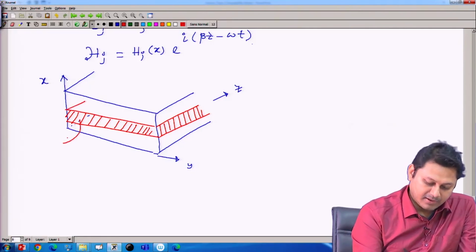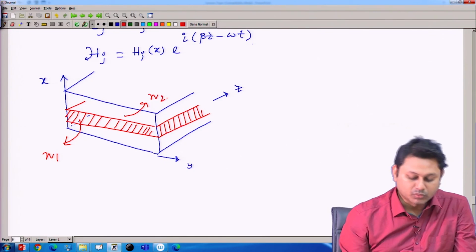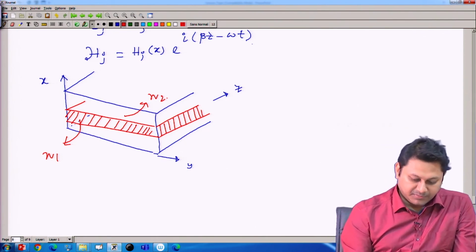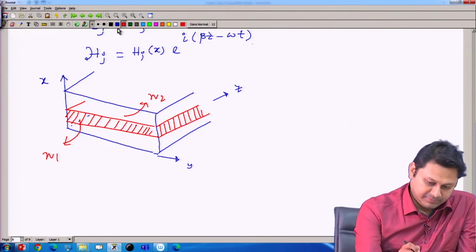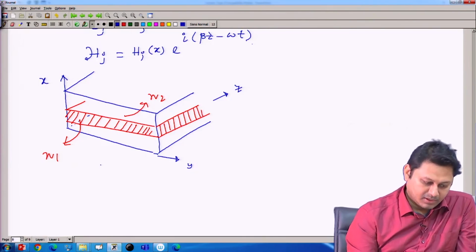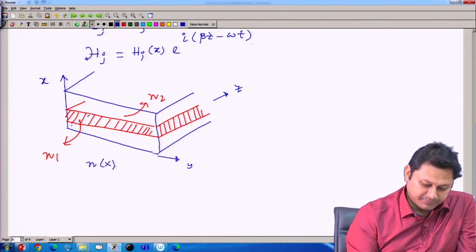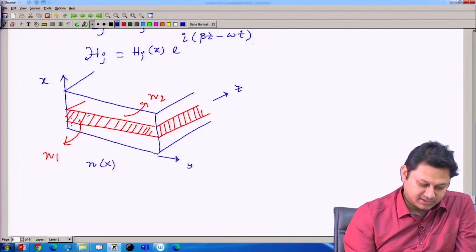For this kind of structure, when it is extended infinitely along y direction, I can write n as a function of x obviously, because it is changing along x direction.